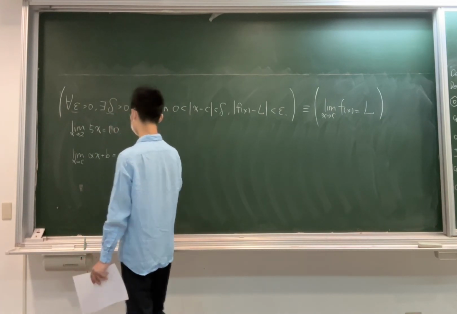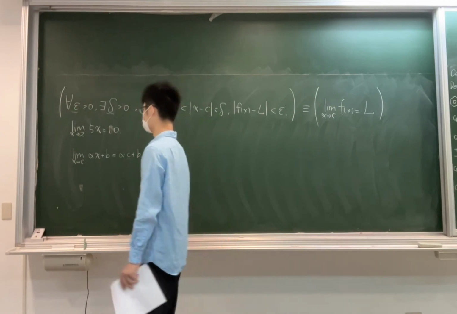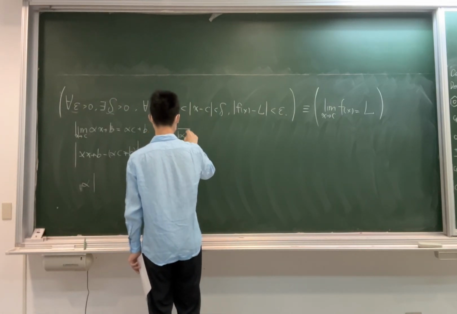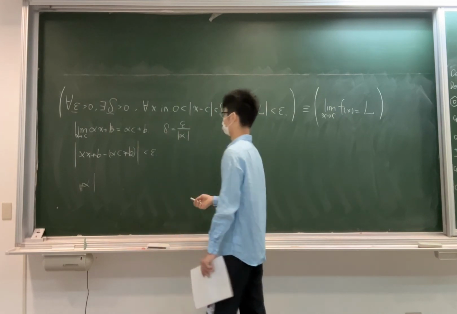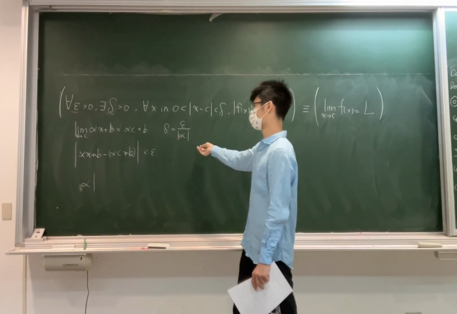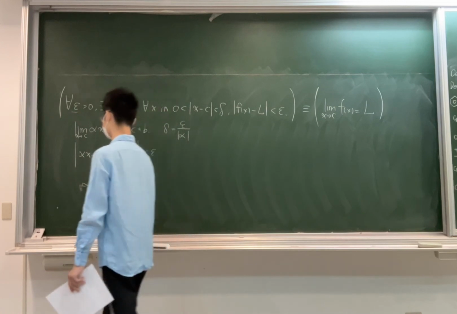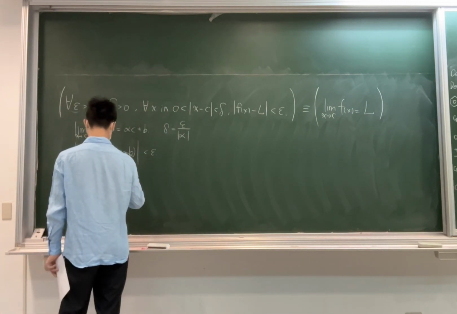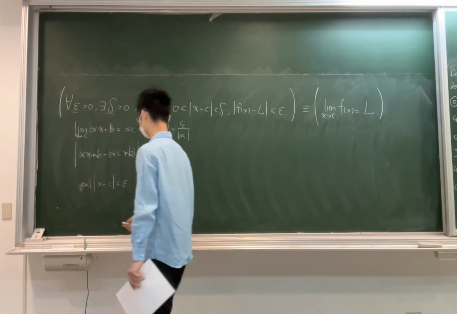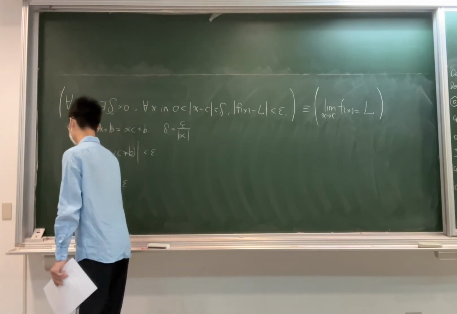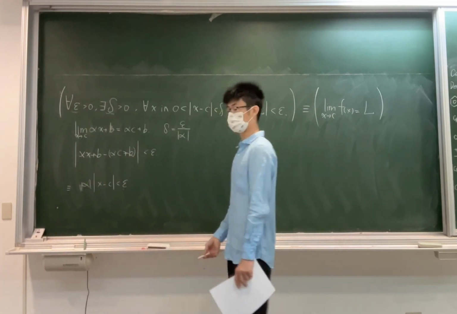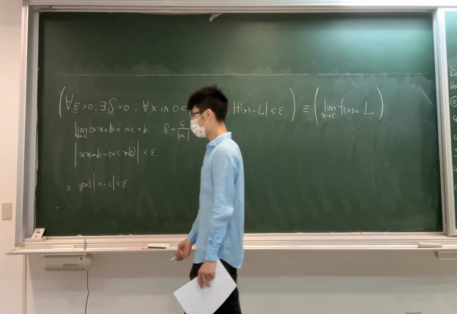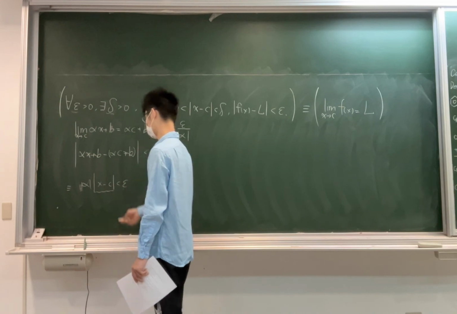You want to show this, then the delta will be epsilon over the absolute value of alpha. You can take the alpha out, then the absolute value of x minus c is less than epsilon over alpha. So these two are equivalent.